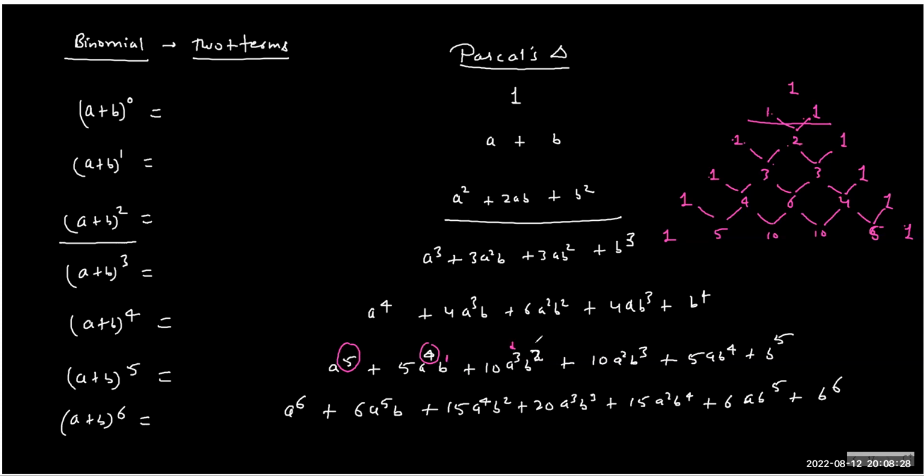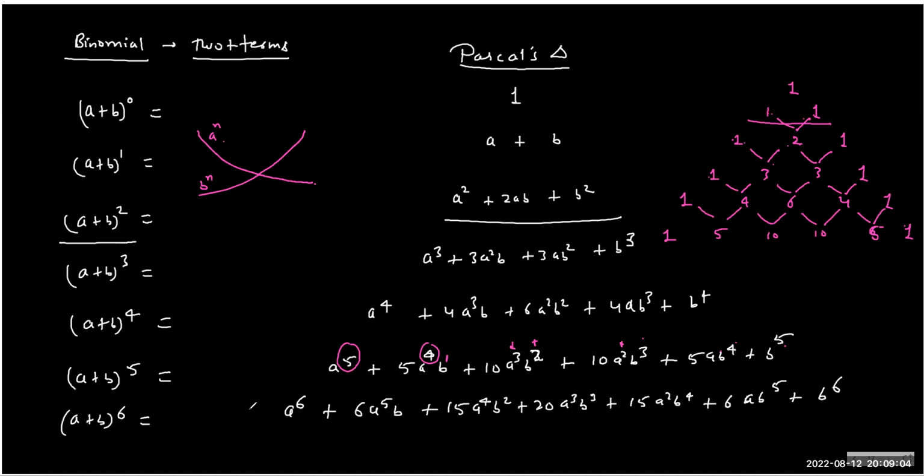Then 4 becomes 3, b is 2, again 5. Then I stop. You reduce the power of a and you increase the power of b. So a goes from the highest power to the lowest power, and b goes from lowest to highest. So this is how we write every term, and you can write any power.